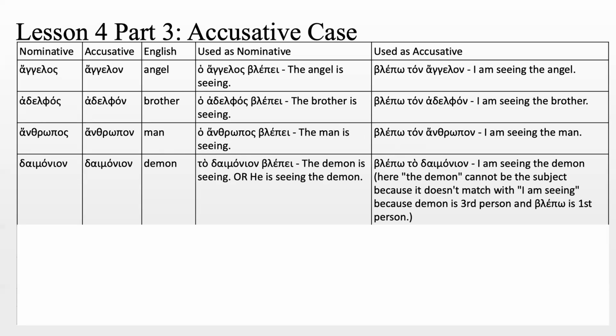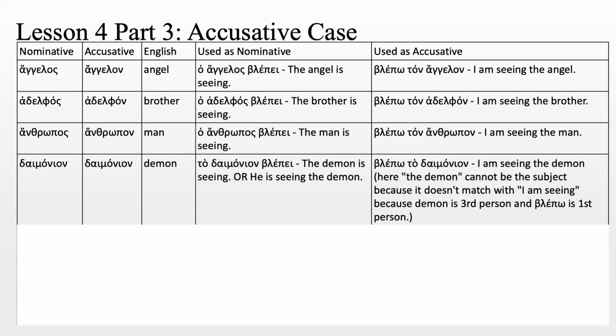Now let's look at the accusative box. Blepo to daimonion. I am seeing the demon. Here, the demon cannot be the subject because it doesn't match with I am seeing, because demon is third person and blepo is first person. So daimonion can't be the subject because the persons don't match.